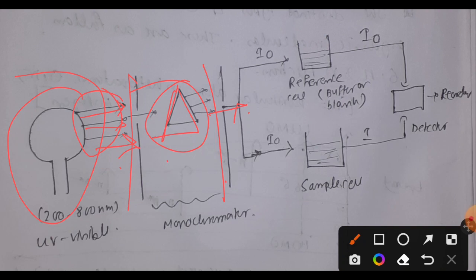This wavelength of light will be divided into 2 parts. One will be passed through a reference cell. Remember, this reference cell is just a buffer or control. There is no sample present in that case, and the other one is the sample cell. So in both cases the light will be passed.